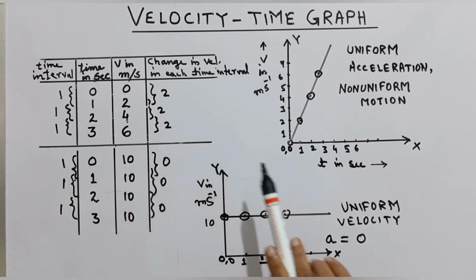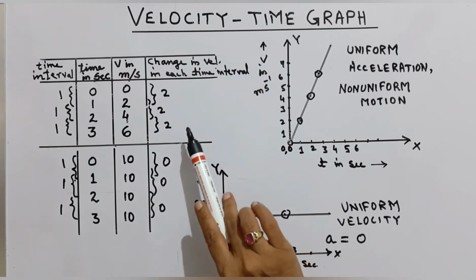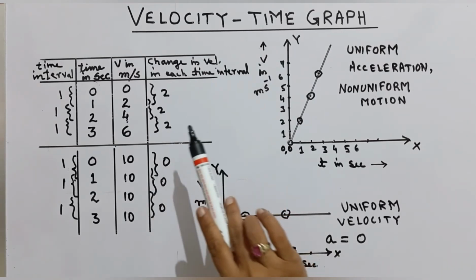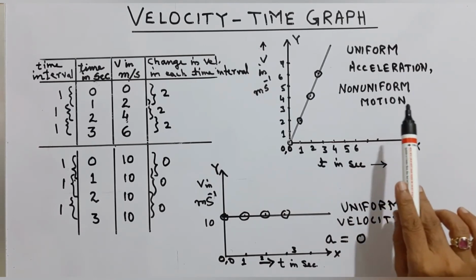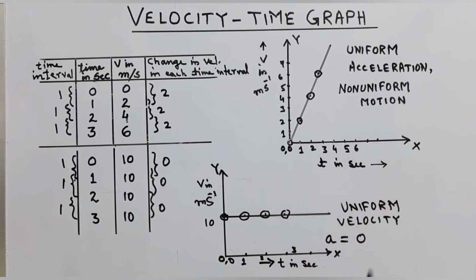So from the definition we can say that the object is moving in accelerated motion and the acceleration is uniform. In the second case, we see here that again the time intervals are the same, 1 second each, and the velocity in each time interval is 10 meter per second.